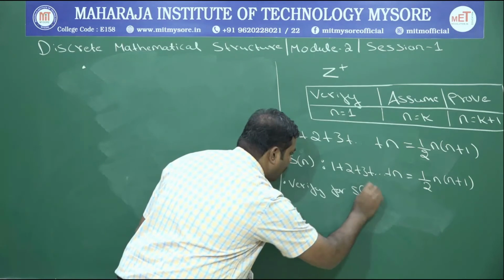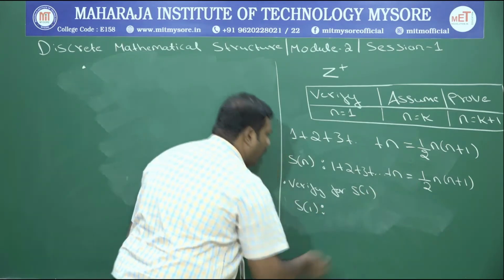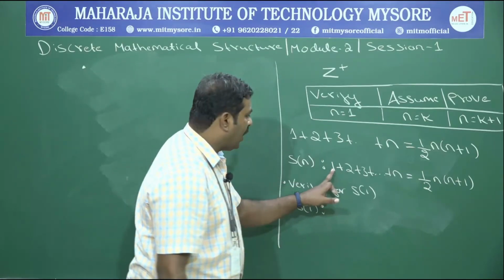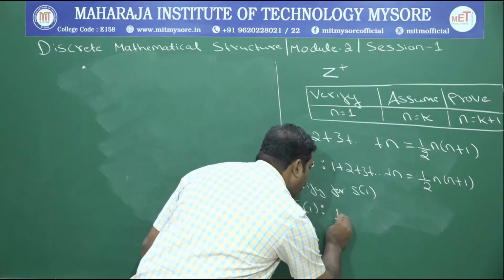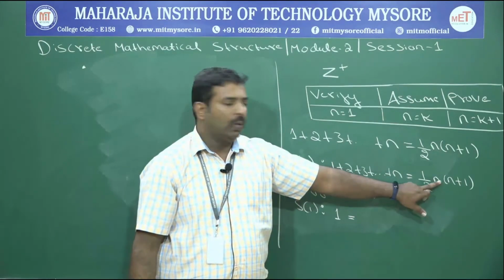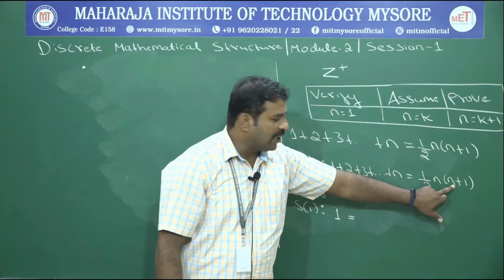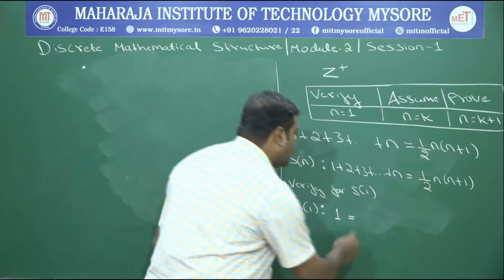So S of 1 now is going to be, if I take 1, I should take only one element now. Hence 1 equals, the value of n will be replaced with 1, and this is replaced with 1. Hence, now this is going to be 1 into anything is the same.